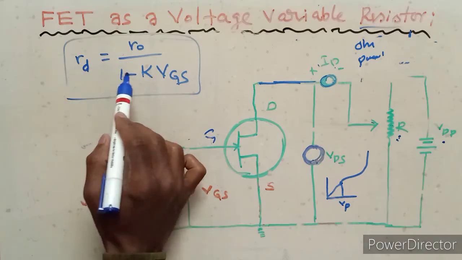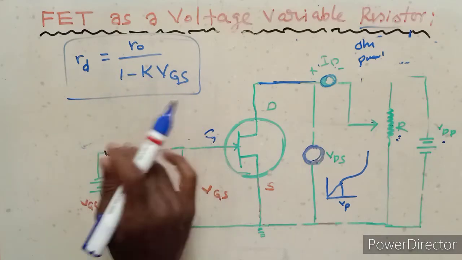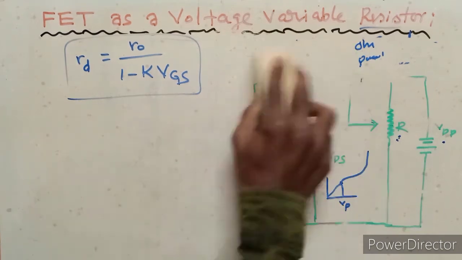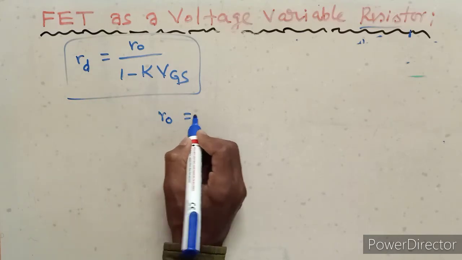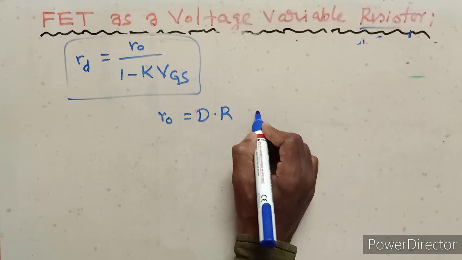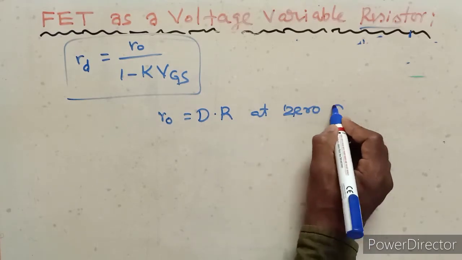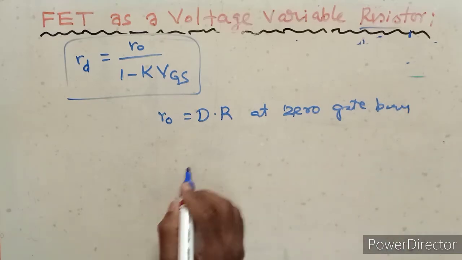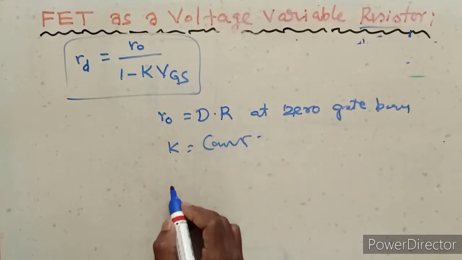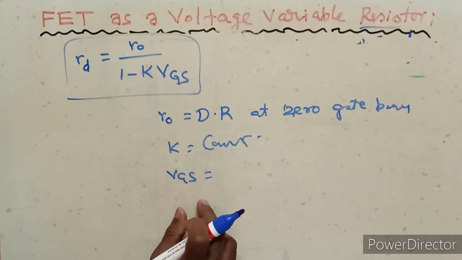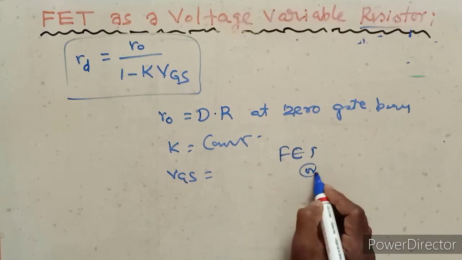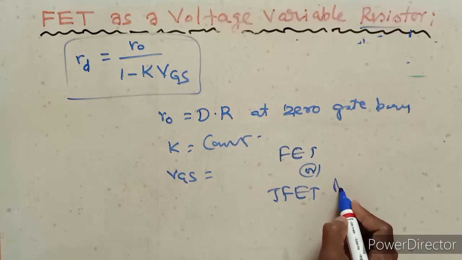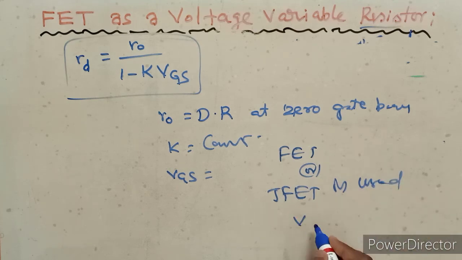So the drain resistance is equal to R0 upon 1 minus K VGS, where RD is the drain resistance, R0 is the drain resistance at 0 gate bias, K is a constant, and VGS is the voltage between gate and source. Thus the way FET or JFET is used as a voltage variable resistor.